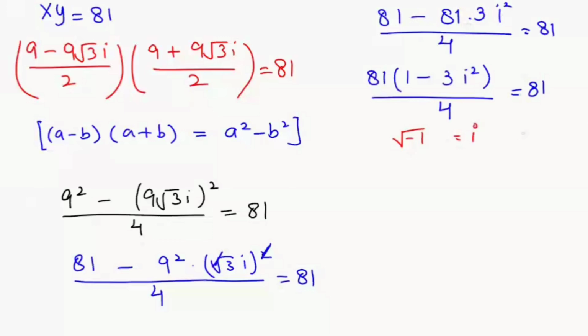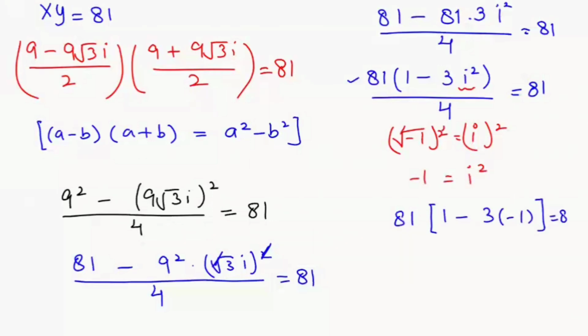Here I want to find the value of iota square, so I'm going to square both sides. Here the root and the square get cancelled, so the iota square value we have is -1. So I'm going to plug that in. This equation turns to 81 times (1 minus 3 times -1) over 4 is equal to 81.